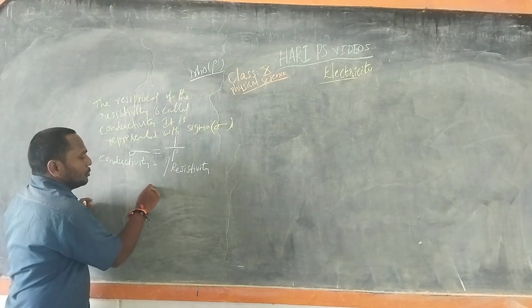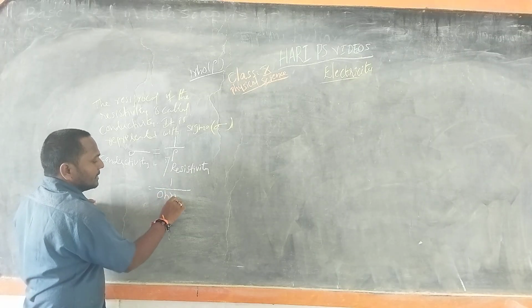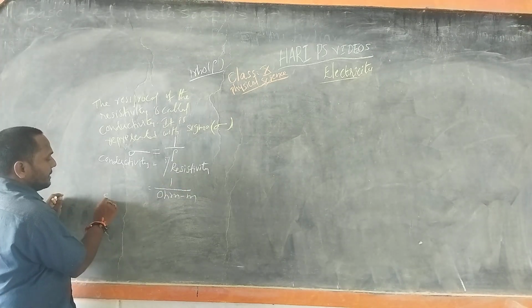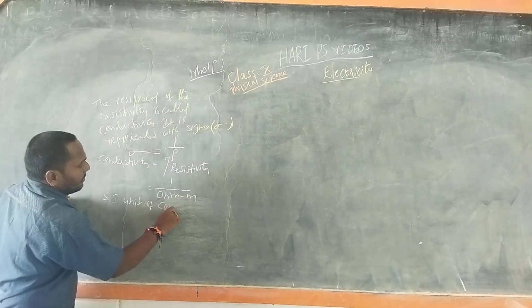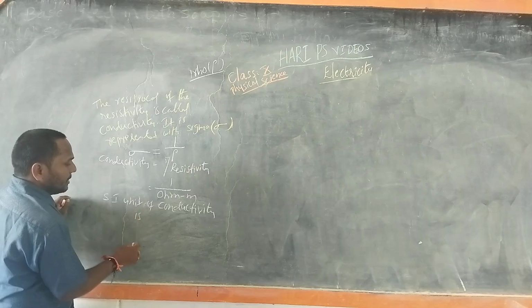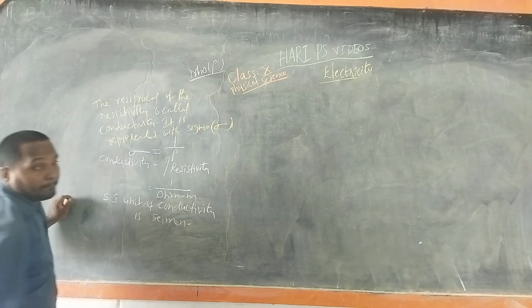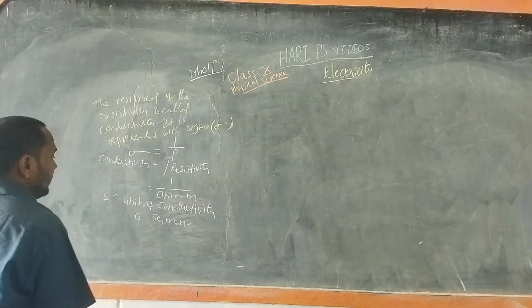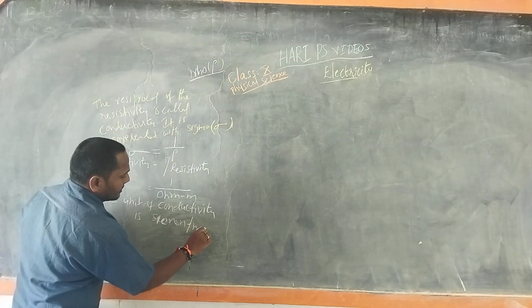So the unit of resistivity is ohm meter, so the SI unit of conductivity is 1 by ohm meter, that is Siemens by meter.